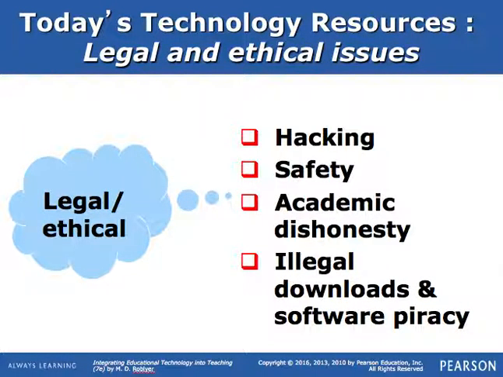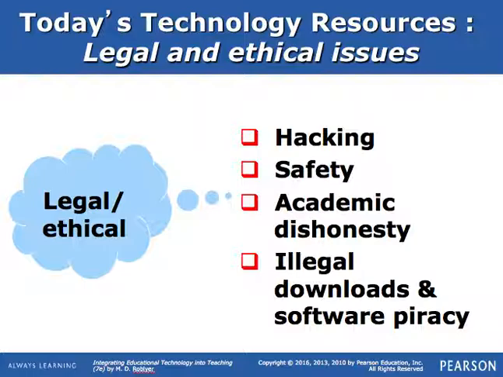Legal and ethical, of course, hacking. Hacking's not a huge issue, but it can be. Kids have hacked into the school's computer systems and given themselves A's and stuff. It's kind of rare, but it does happen. Safety issues, again, the online bullying and those types of things. Kids commit suicide over that stuff.